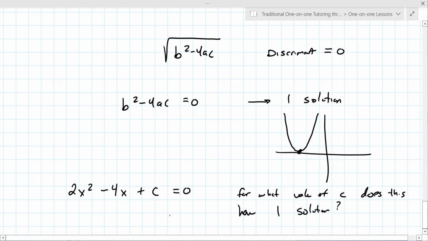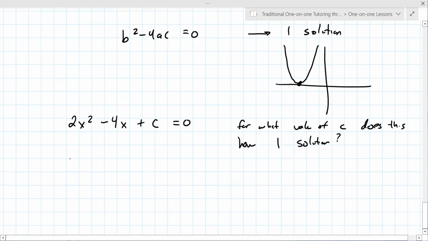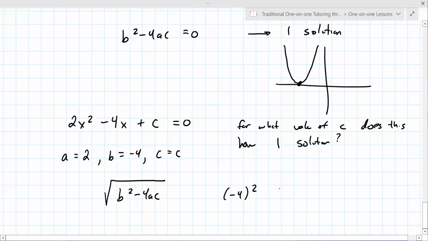So you would have the answers there, but you don't want to do the quadratic formula each time. So you still write this out. A equals 2, B equals -4, and C equals C. But you just focus on the part that's inside the square root, the B squared minus 4AC. So this is -4 squared minus 4 times 2 times C. But this time we want this to be 0 for it to have one solution.